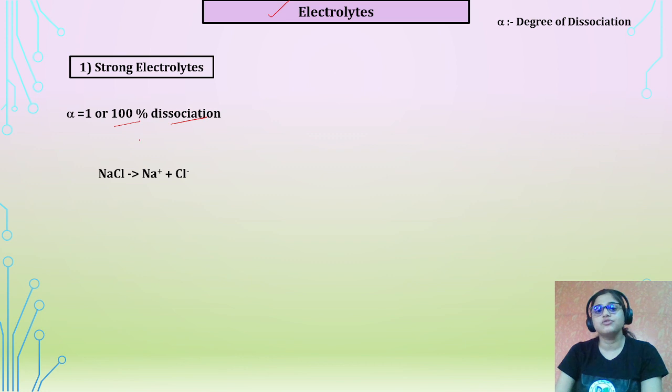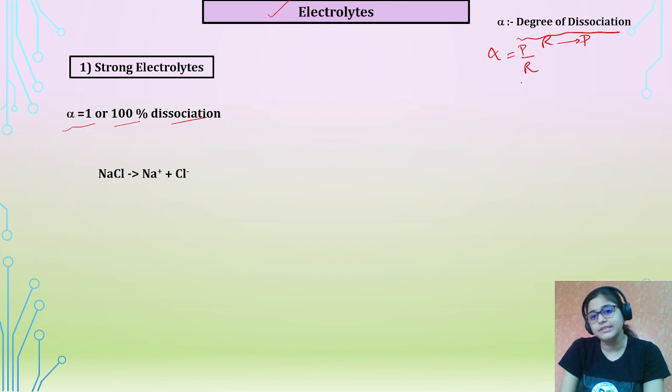So 100% dissociation means almost every reactant molecule has reacted, solvated, and formed ions. Alpha is the degree of dissociation. How can we define alpha? Let's say from reactant to product is forming, so alpha will be product by reactant taken. Product formed by reactant taken, that will be the alpha value. So this is the degree of dissociation.